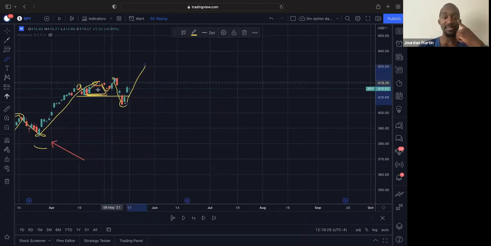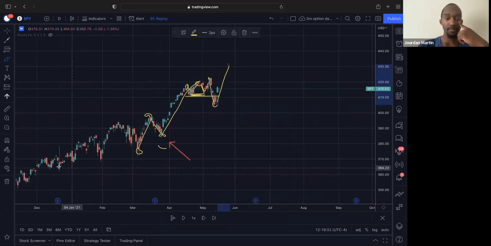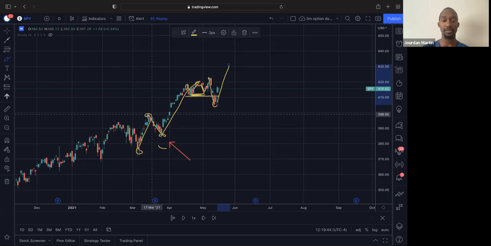So what this means is buyers, this whole time through, were consistently stronger than the sellers, right? Sellers would come in, but they weren't overwhelming the buyers to the point where we made any new lows. Buyers kept stepping in, pushing it back up, stronger than it was before. Sellers came in heavy, buyers shot it right back up, right?